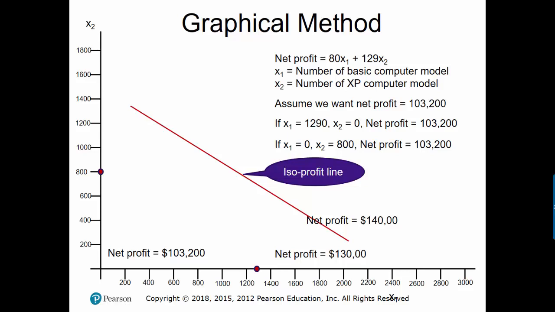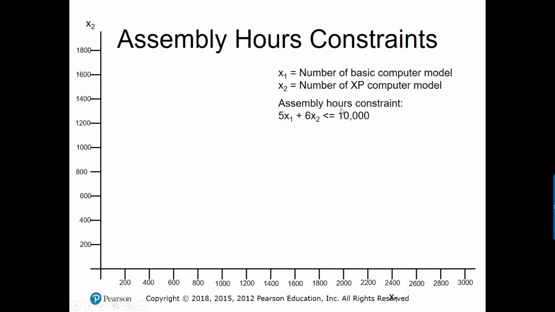So we have the assembly hours constraint. Let's take the assembly hours constraint first. The way to identify all the points that will satisfy the assembly hours constraint is to first look at what this expression will look like when it is equal to 10,000.